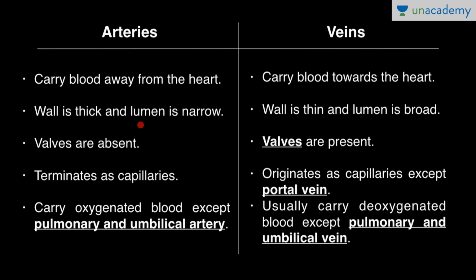They are thick and the lumen is narrow. Here the wall is thin and the lumen is broad. Here valves are absent, here valves are present. Now why are valves absent here and present here? Basically valves prevent backflow of blood. Now in arteries, blood flows at high blood pressure, and in veins we have low blood pressure.